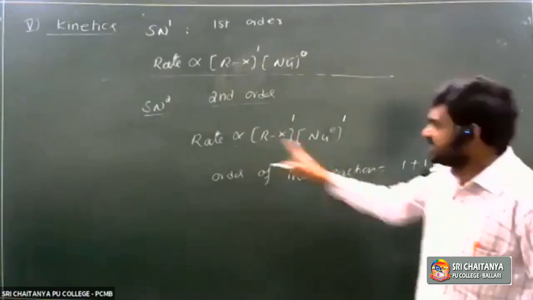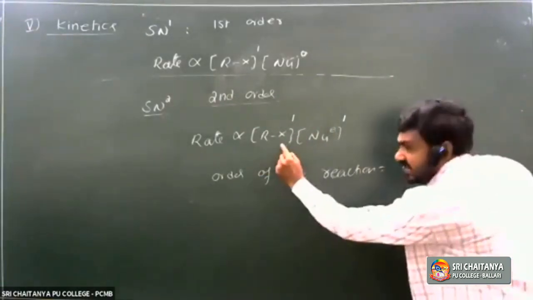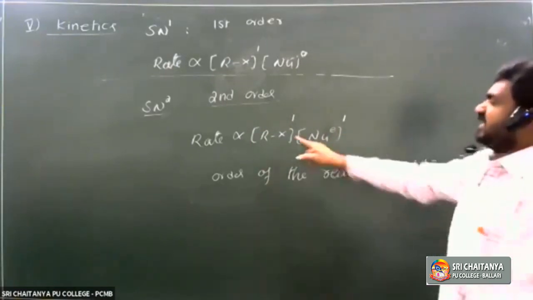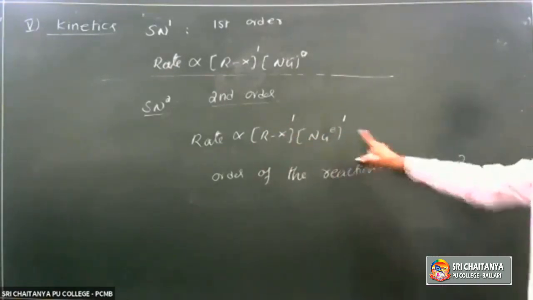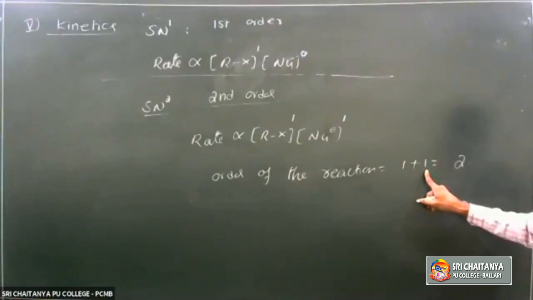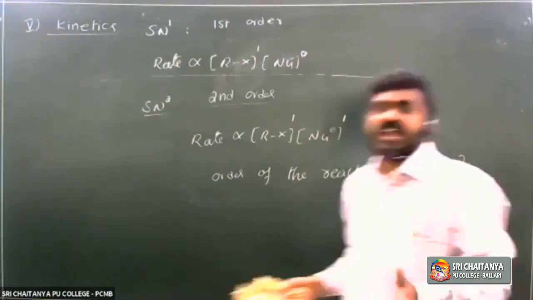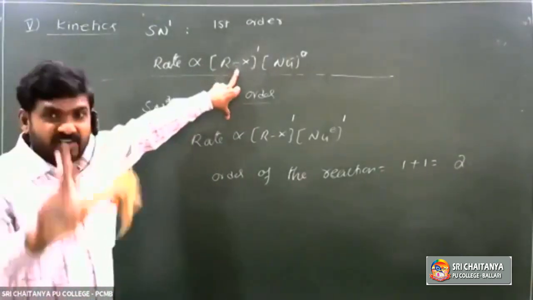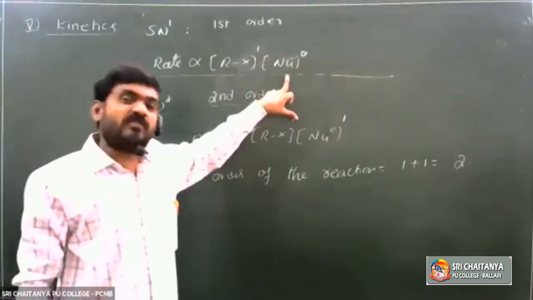The SN2 reaction rate depends on the concentration of alkyl halide and the concentration of nucleophile. So the order with respect to alkyl halide is 1, and with respect to nucleophile is also 1. The overall order is 1 plus 1. In SN1, the order with respect to alkyl halide is 1 and with respect to nucleophile is 0.